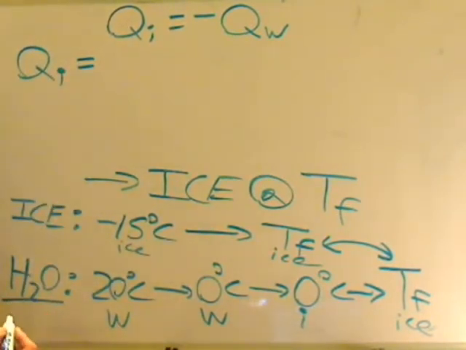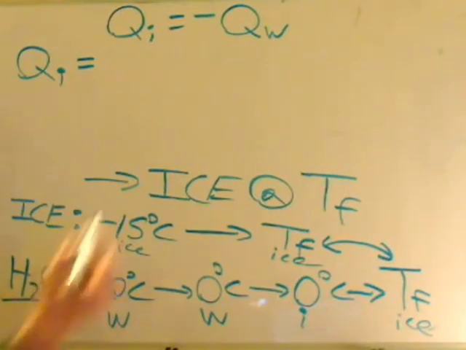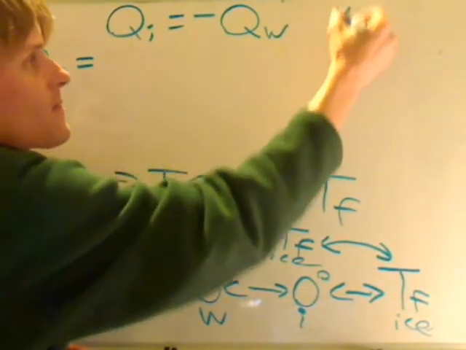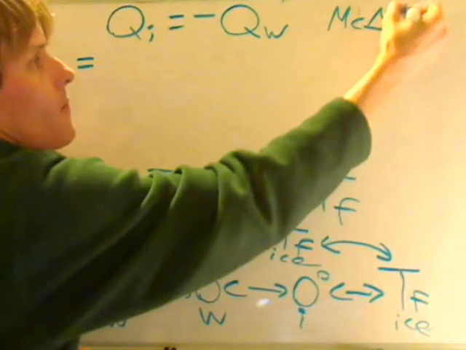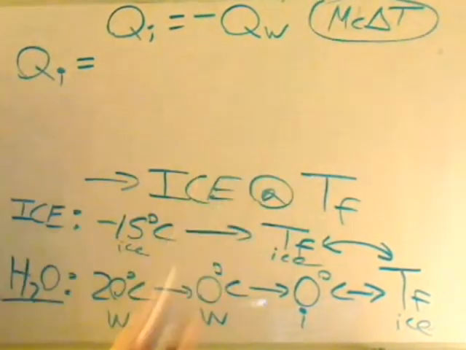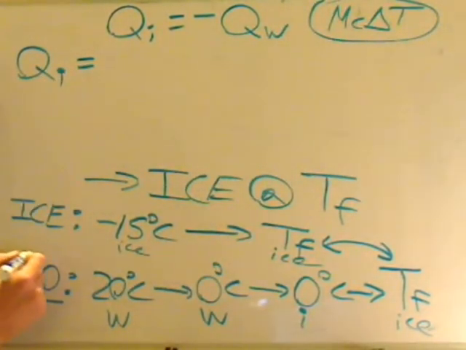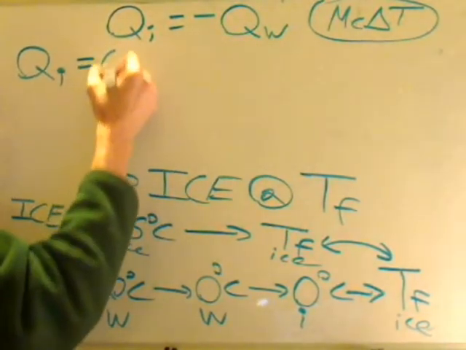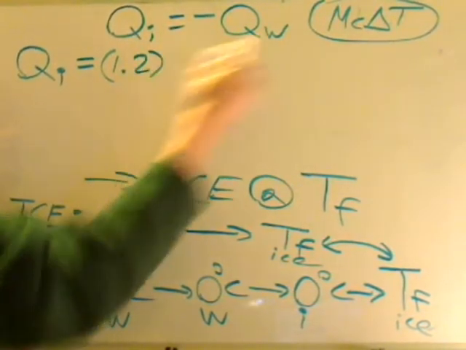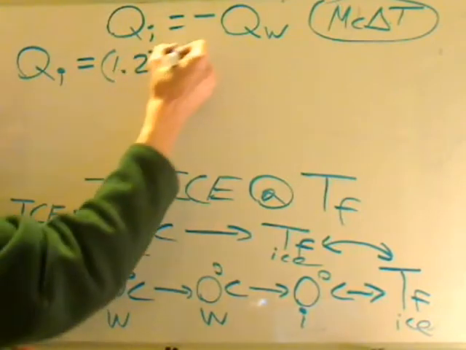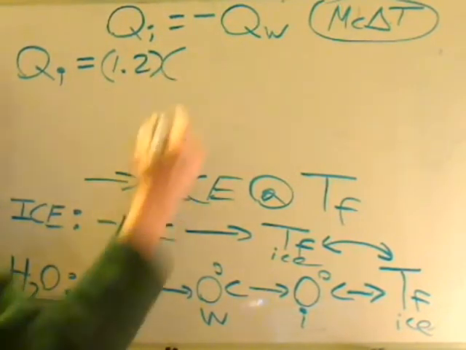Q for the ice, well, remember Q is mc delta T. The ice has a mass of 1.2 kilograms. There's m. c, the specific heat of ice, is 2090.